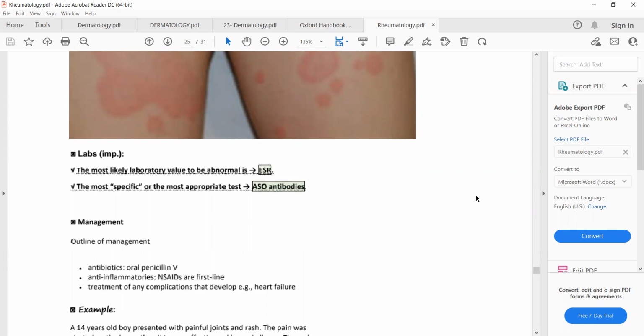And for the most specific or the most appropriate test to confirm the diagnosis, your answer should be ASO antibodies. Because ASO antibodies can sometimes be normal in the initial stages of the disease, that's why it is not the most likely laboratory value that you will find abnormal.